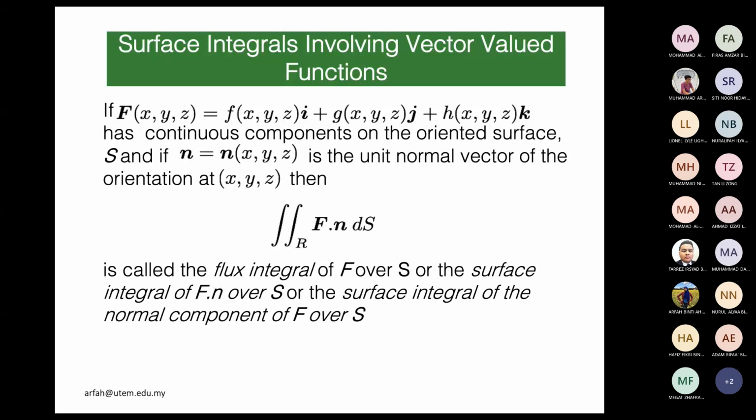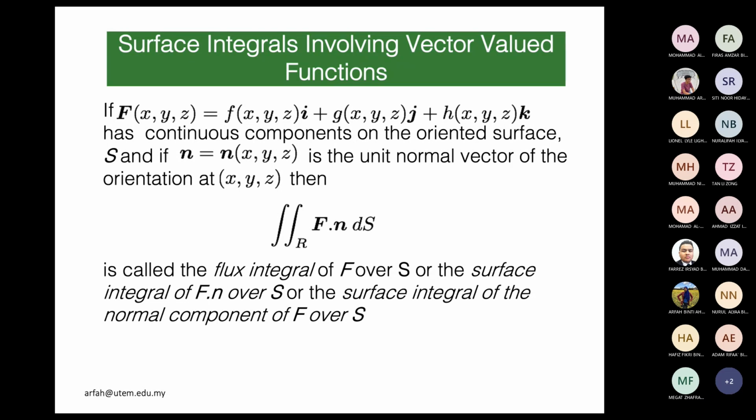If vector n is the unit normal vector of the orientation at x, y and z, then the integration of the vector function over the region R will be equal to the integration of vector F having the dot product with the unit normal vector, with respect to dS.